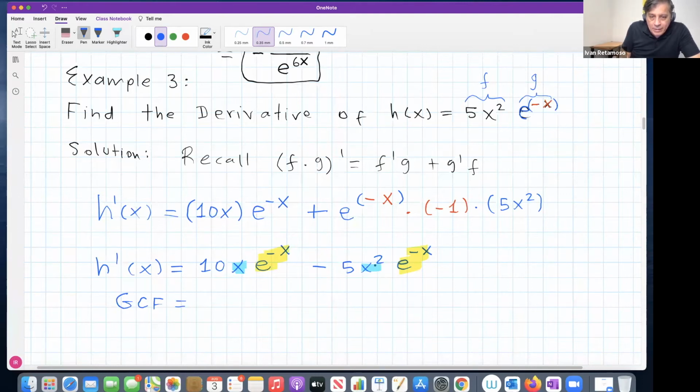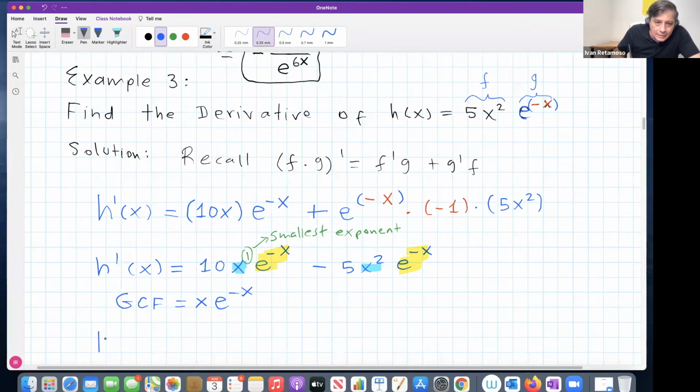You always take the one having the smallest exponent. And for these two, since they are the same, you just take e raised to negative x. We're going to factor that out.